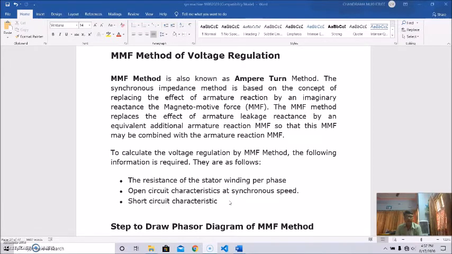This MMF may be combined with the armature reaction MMF, and that's why it is known as the MMF method. To calculate the voltage regulation by the MMF method, the following information is required: the resistance of the stator winding per phase, that is the armature resistance, the open circuit characteristics at synchronous speed, and the short circuit characteristics, the same as before.